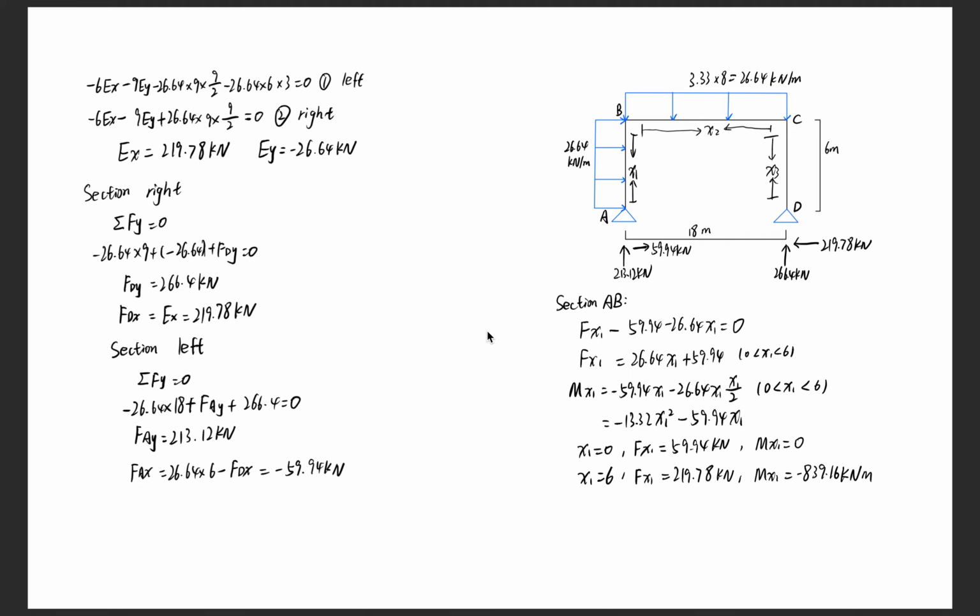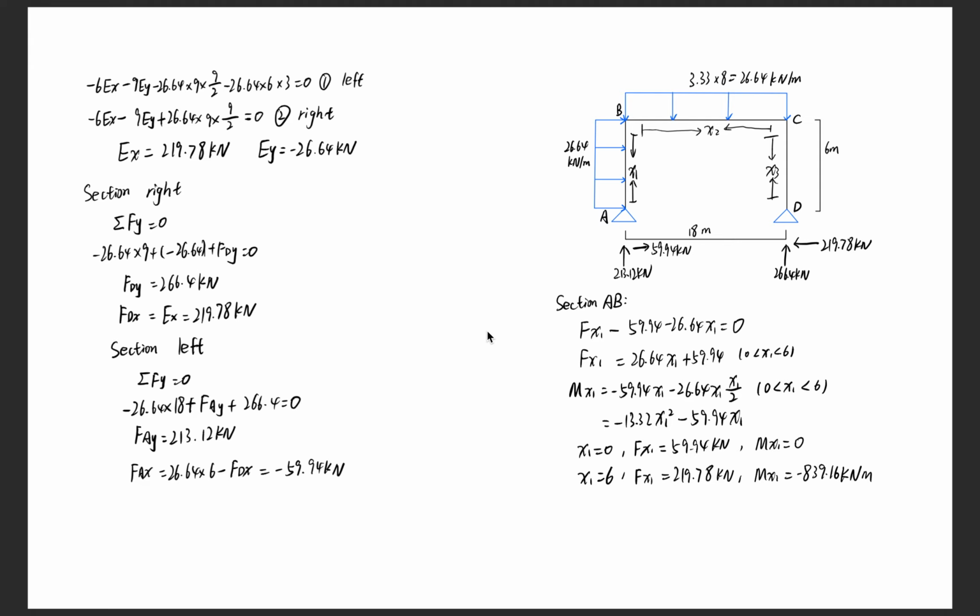For section left, when sigma MF equals 0, we also use a formula. We got FAY equal to 213.21 kilonewton. FAX equal to negative 59.94 kilonewton. And next we will calculate the moment and force.